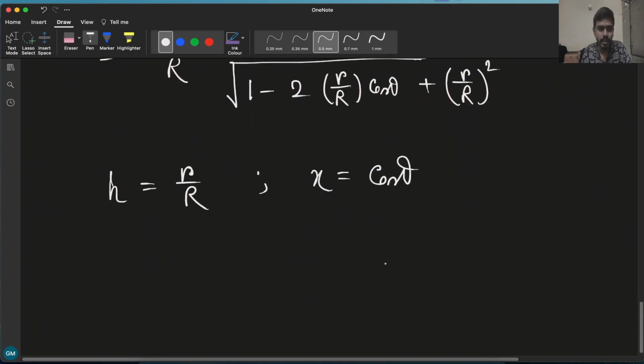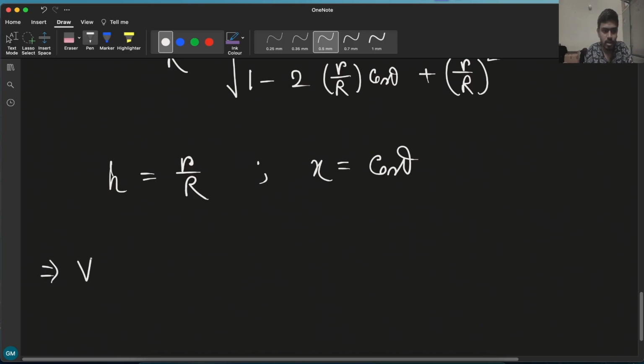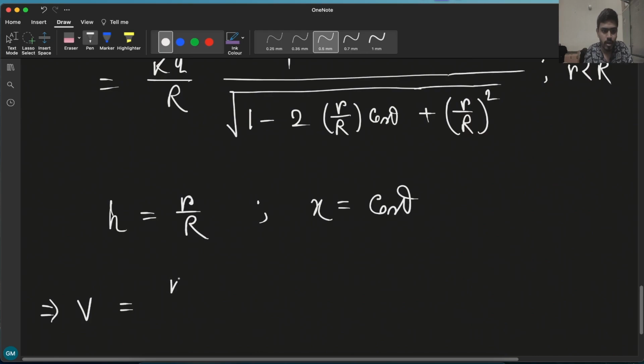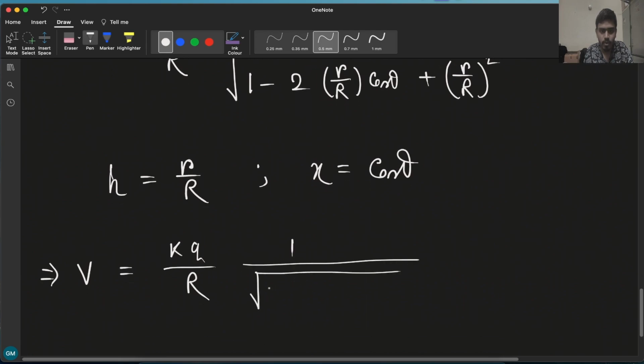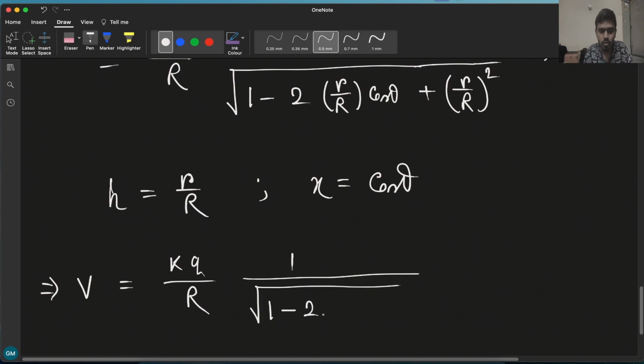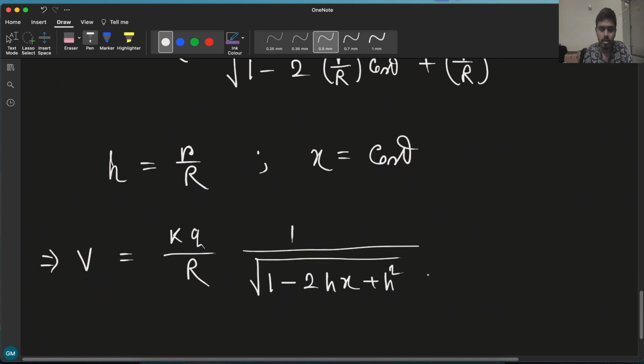And if I do that, then our potential will be nothing but kq by capital R times 1 by root under 1 minus 2hx plus h square.